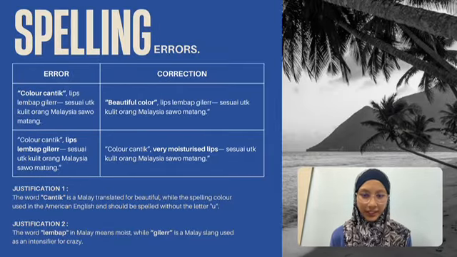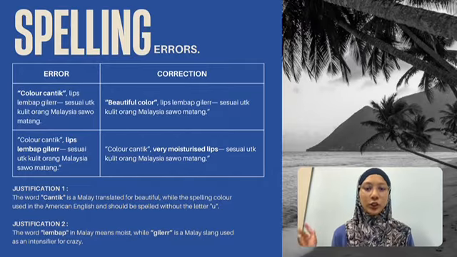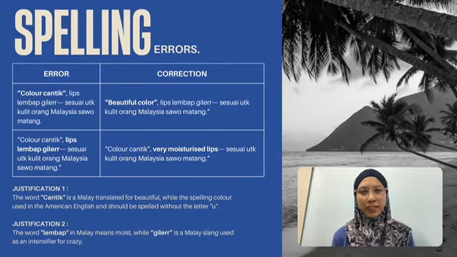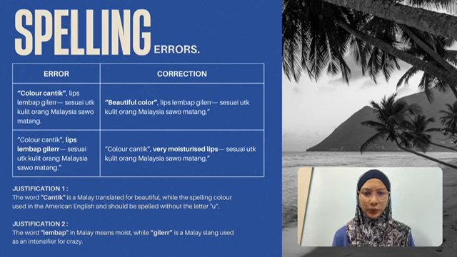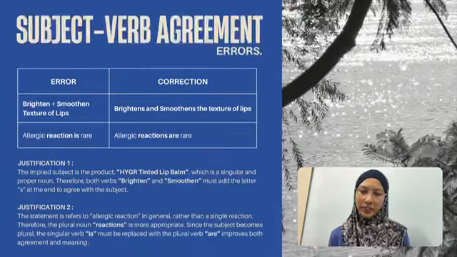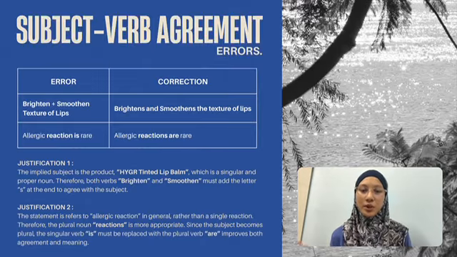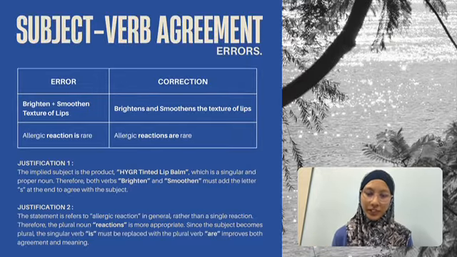The second spelling error is lips lembab gila, which we corrected to very moisturized lips. Here, lembab means moisturized, while gila is a Malaysian slang used to mean very. Next is subject-verb agreement. The phrase brighten plus smoothen texture of lips was corrected to brightens and smoothens the texture of lips.